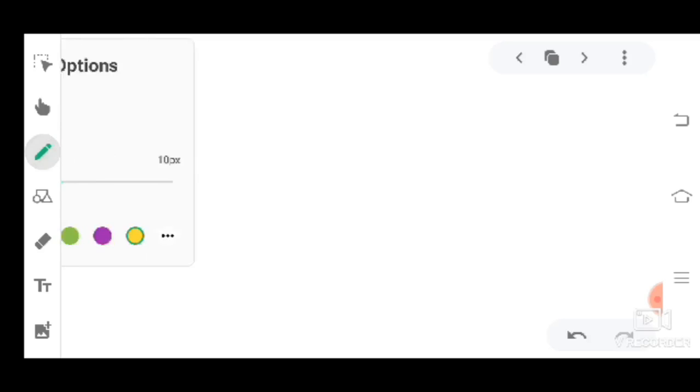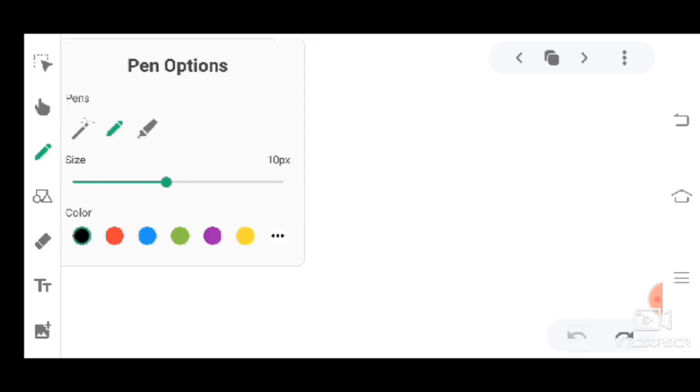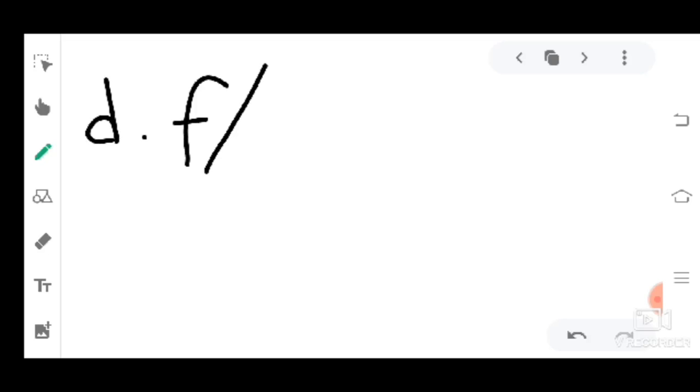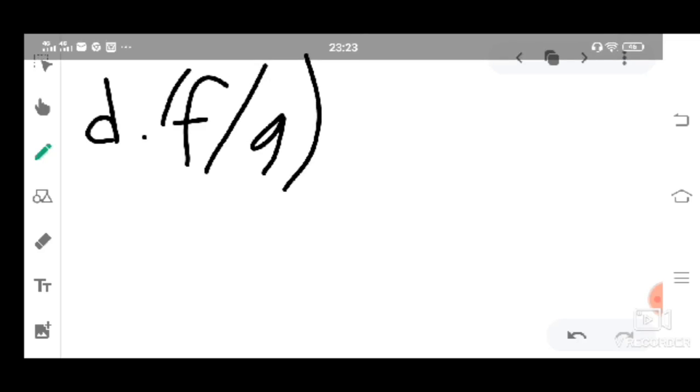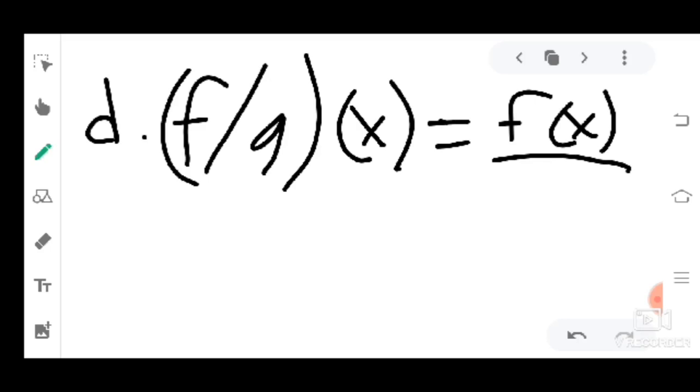Letter D, f over g of x. And we all know that this is just f of x over g of x.